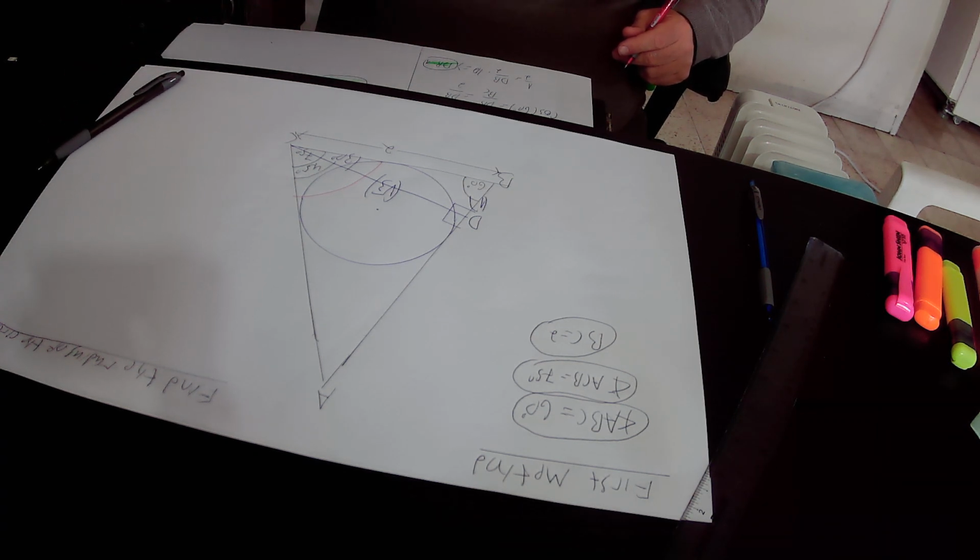In the next step, I will copy the right triangle DCA in a new page and we will analyze this right triangle DCA.